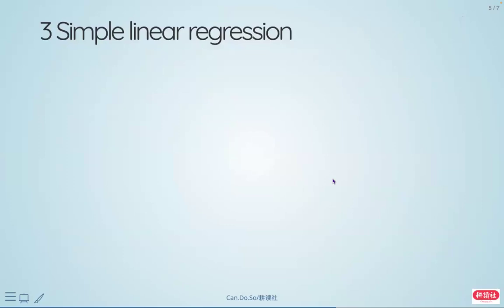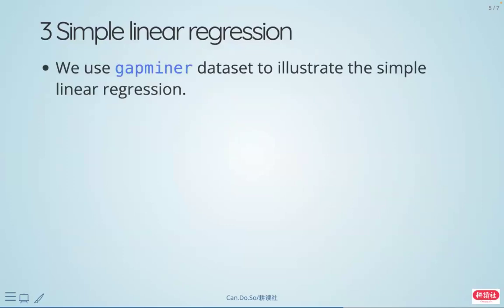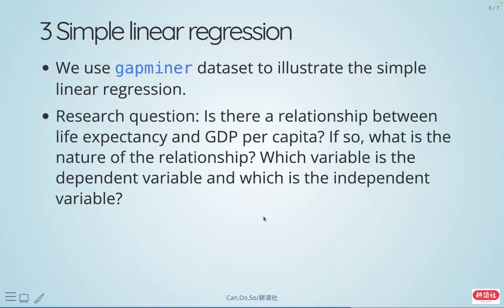Now we can use a simple linear regression. We use the gapminder dataset to illustrate it. The research question is: is there a relationship between life expectancy and the GDP per capita? Think about that.